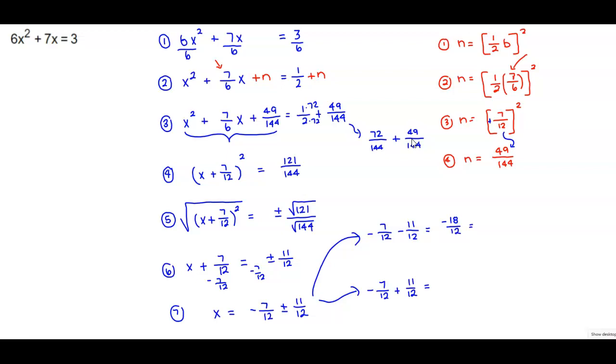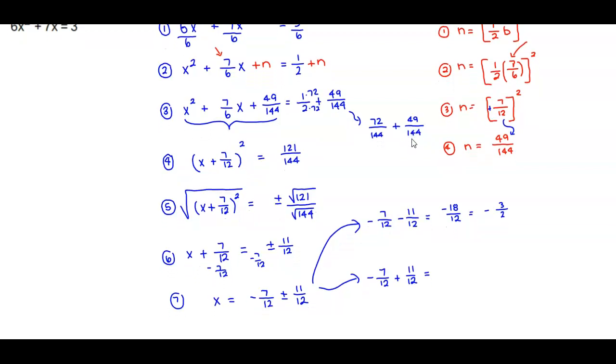The greatest common factor they have is 6. 18 divided by 6 is 3, and 12 divided by 6 is 2, so we get negative 3 over 2. Then negative 7 plus 11 gives us 4 over 12, and when we reduce that, it gives us 1/3. Therefore, the solution set is negative 3 over 2, comma, 1/3.